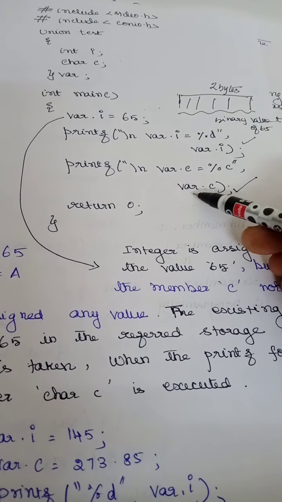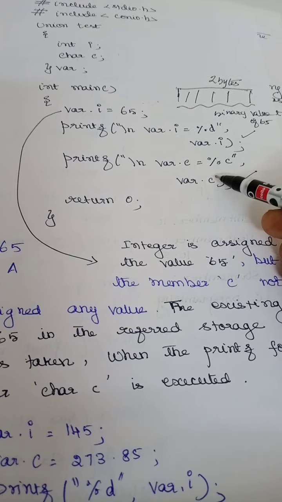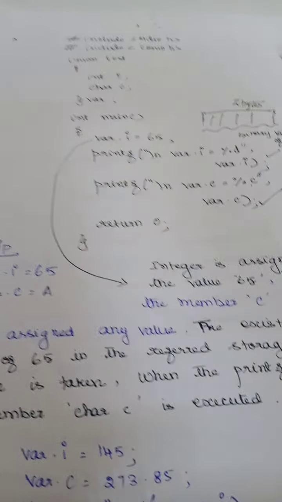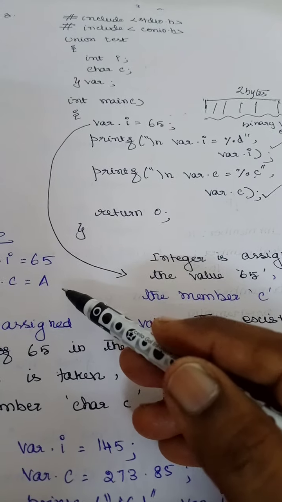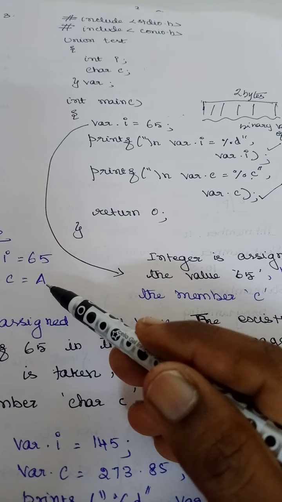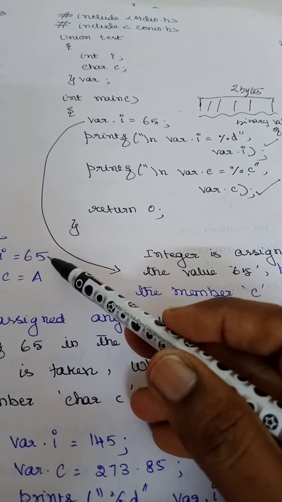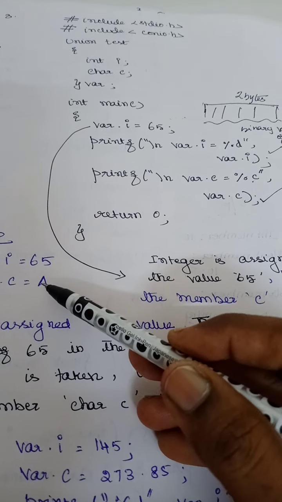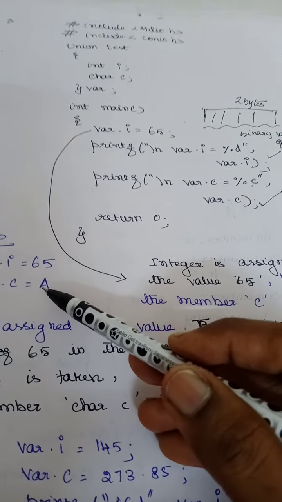Now when I want to print the character %c, what it will do is the 65 will be converted to your character value and that will be printed. Is that clear? Even though I have not assigned the value for my character, since I have assigned the integer value and it matches, I will print the value of character as A, right?